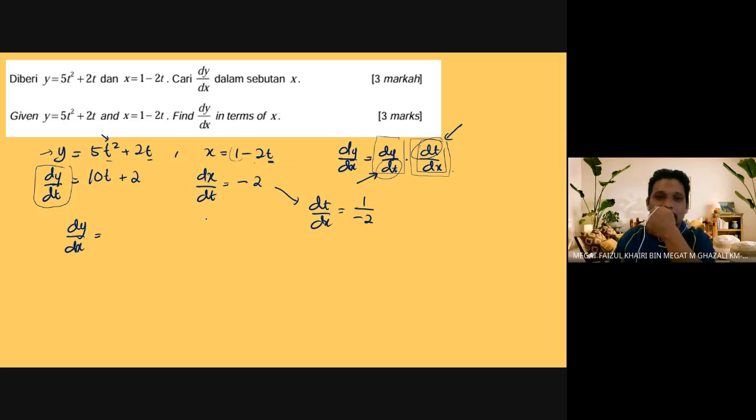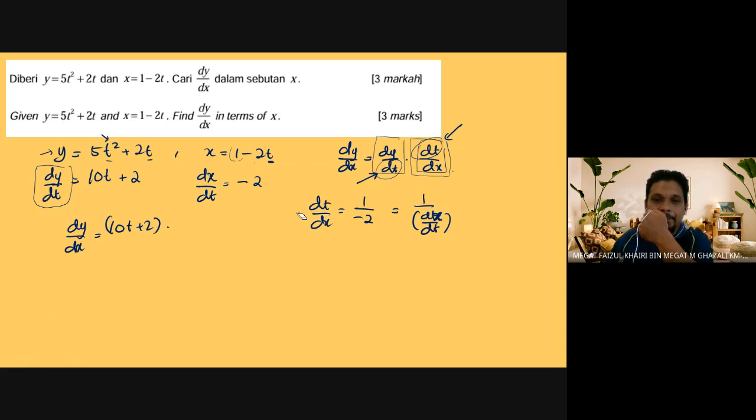So now dy/dx equals dy/dt, which is 10t plus 2, times dt/dx. What we have is dx/dt, but we want it in dt/dx, so dt/dx is actually 1 over dx/dt. Let me explain it slowly.